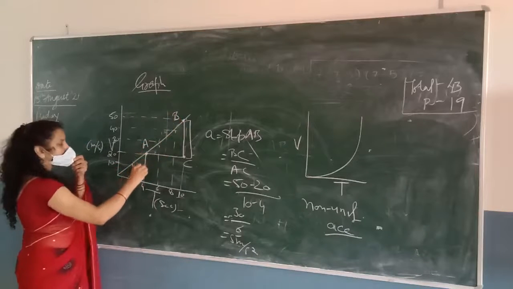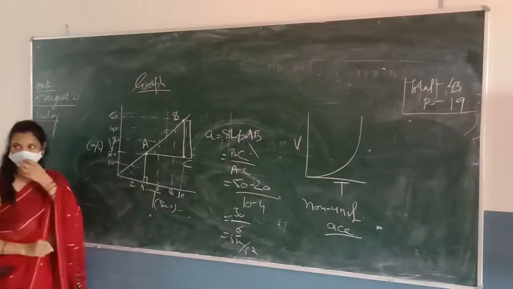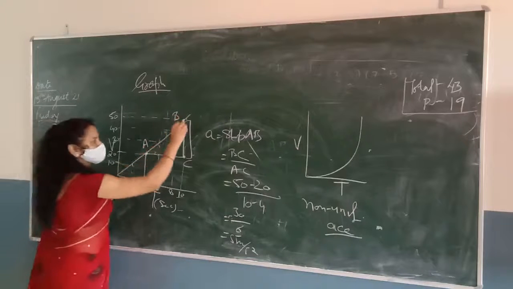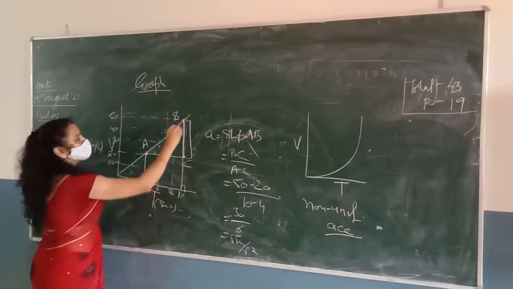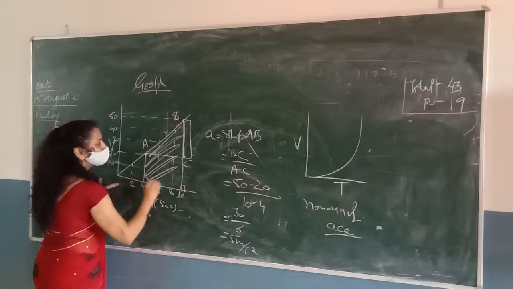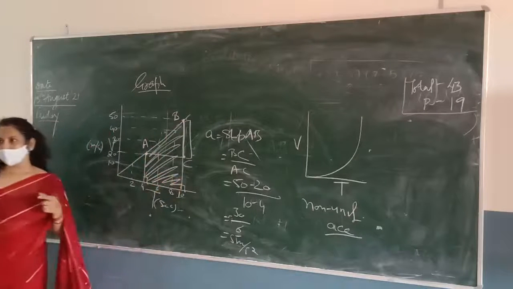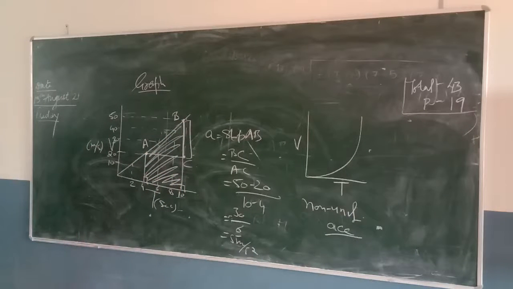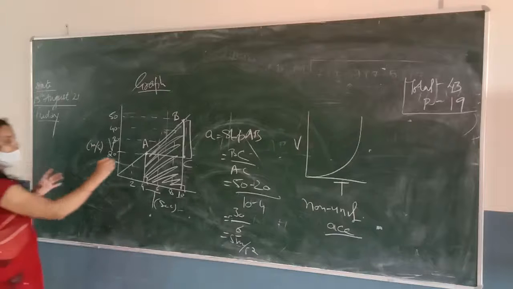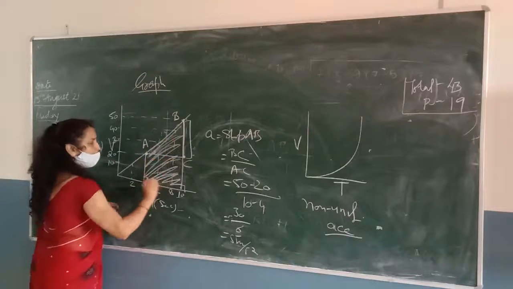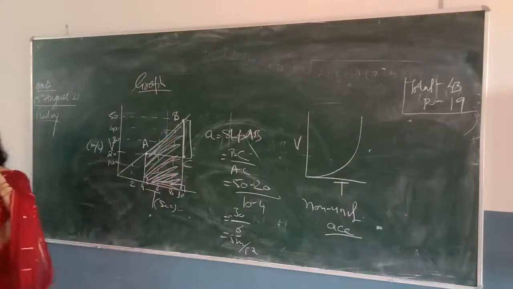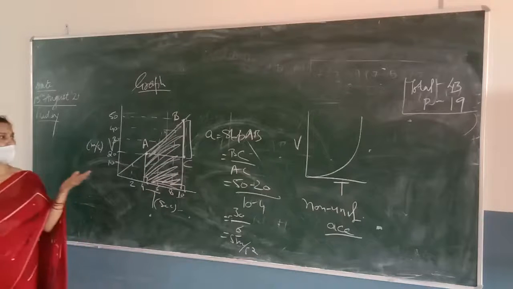You draw the perpendicular on x-axis like this. And you will calculate the area of this whole figure along with the x-axis. It can be triangle, it can be rectangle, it can be trapezium.